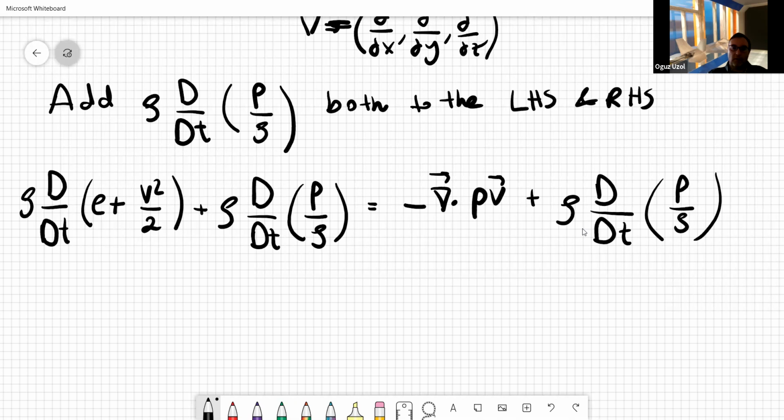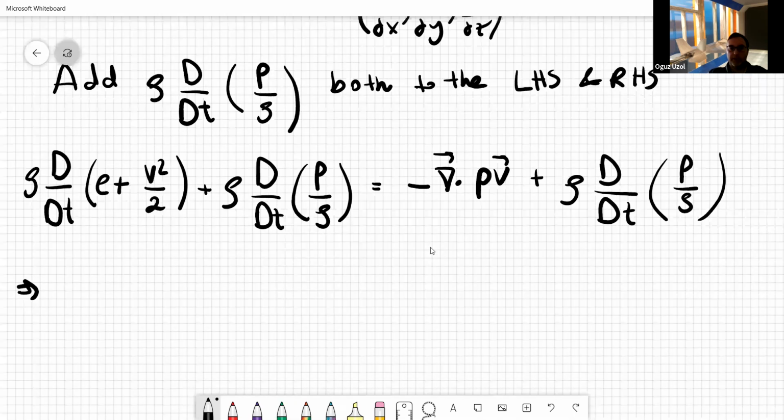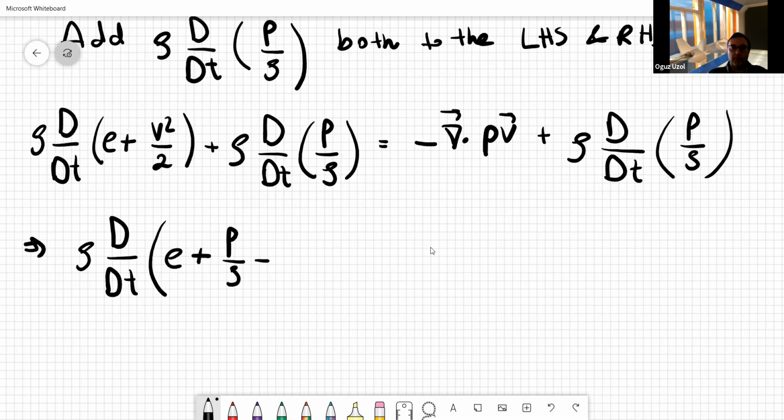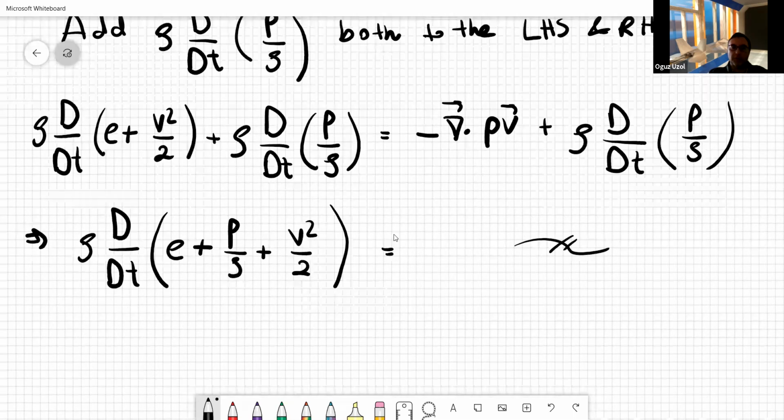Now, if you look at the left-hand side of this equation, I can group it, right? So this is equal to rho D/Dt of one single term, E plus p over rho plus V squared over 2. We have the same thing on the right-hand side. We will deal with the right-hand side in a second, but on the left-hand side, this is what we got.